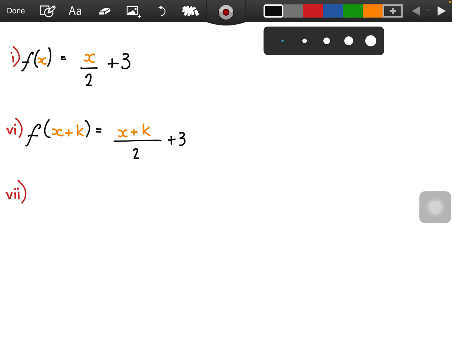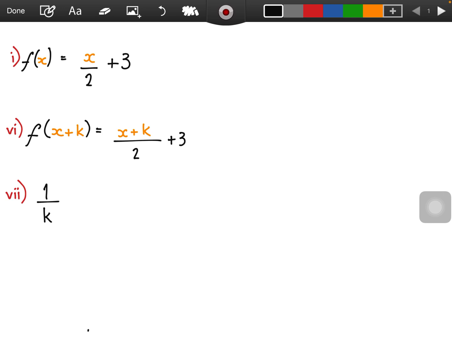Okay, so we want to show that 1 over k times, and remember we just use square brackets to differentiate sometimes between a curved bracket and another curved bracket. If within one curved bracket there's another curved bracket, it might be a little complicated for us to see.